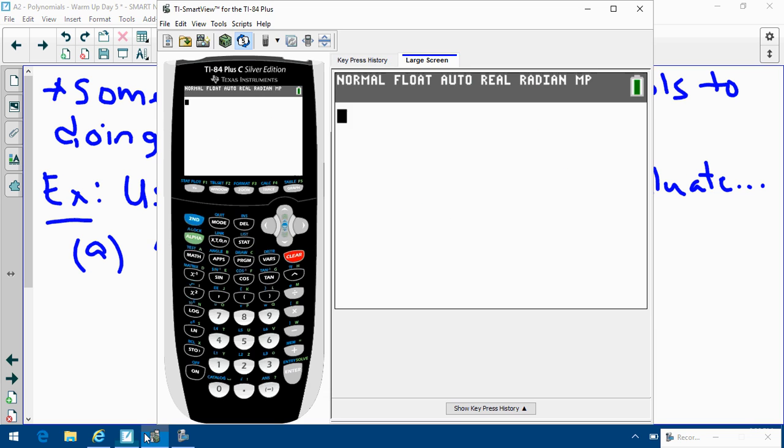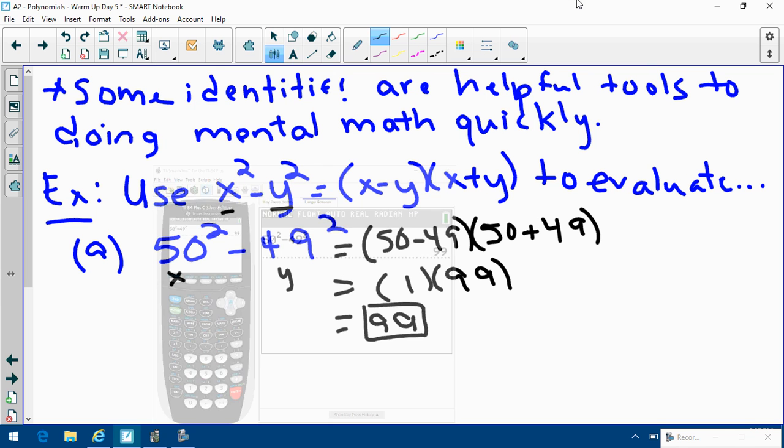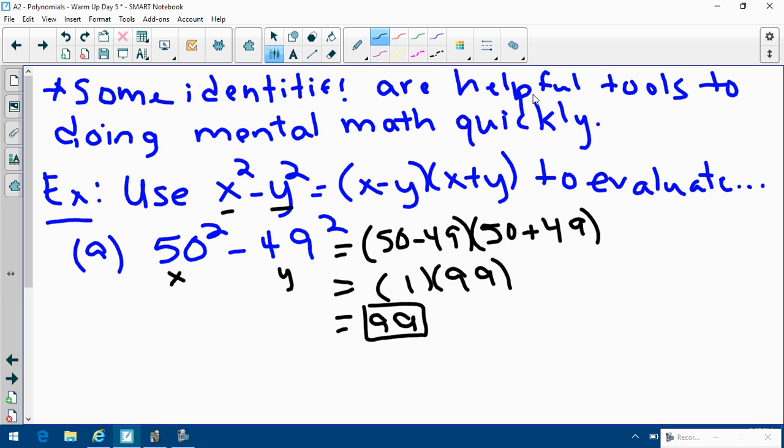Didn't need a calculator, but just to verify, 50 squared minus 49 squared is 99. Let's try another one. What if I asked you to multiply 51 times 49?